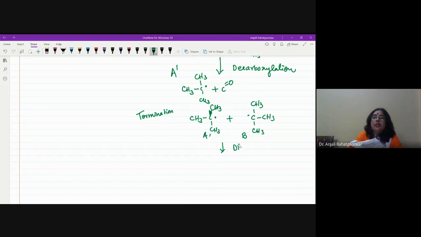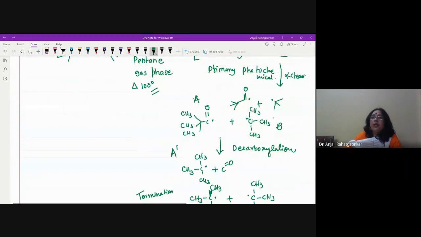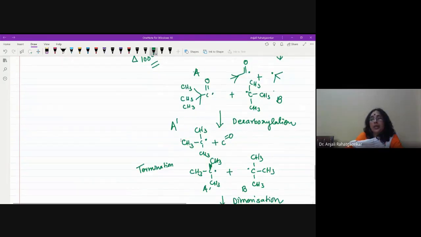So the dimerization takes place, and you will get the formation of higher alkanes. ठीक है, तो ये आपको जो अल्टीमेट प्रोडक्ट मिला है वो ये है. तो एक जो फ्री रेडिकल है वो हमें प्राइमरी फोटोकेमिकल रिएक्शन में मिलता है, ये वाला, और दूसरा जो हमें रेडिकल मिलता है वो सेकेंडरी प्रोसेस में मिलता है.